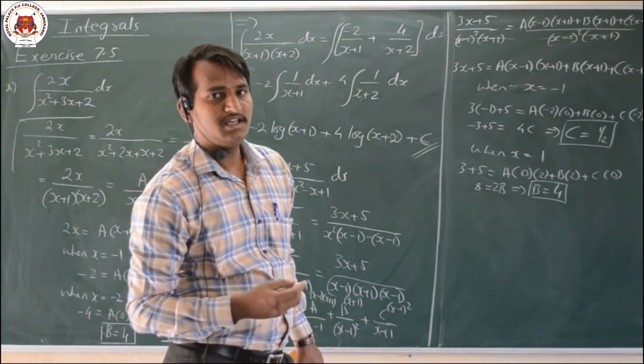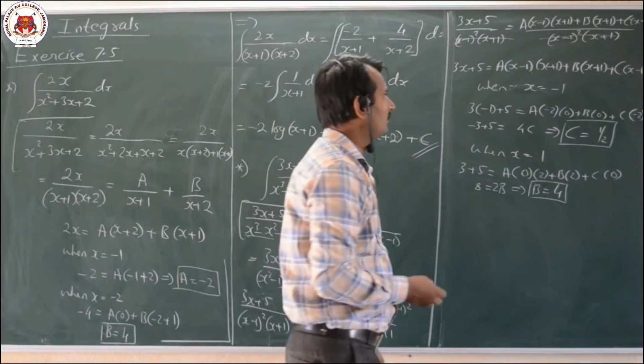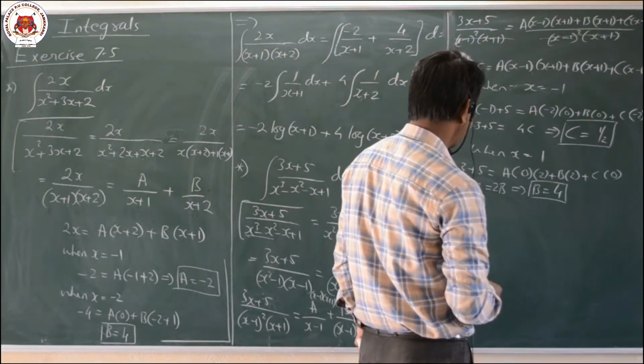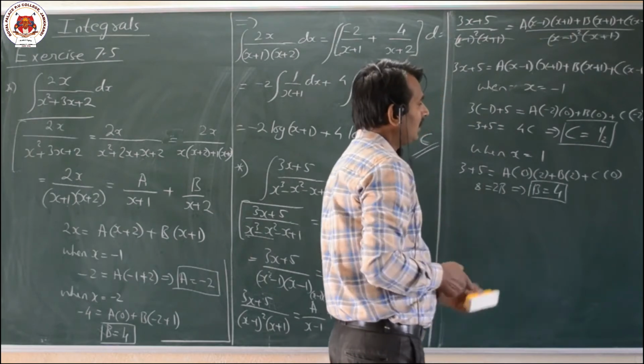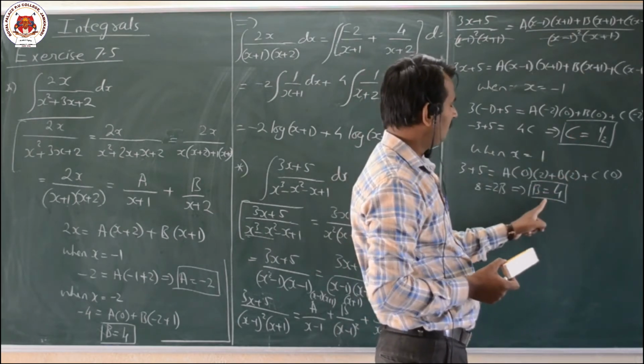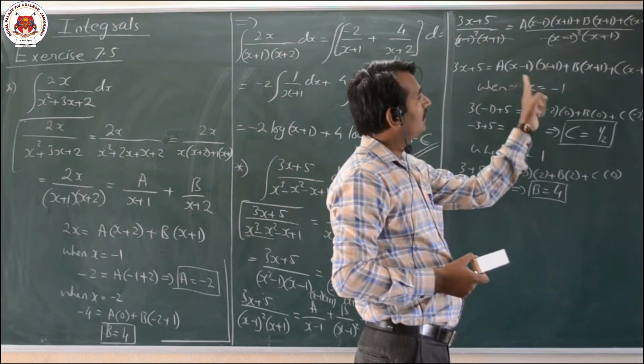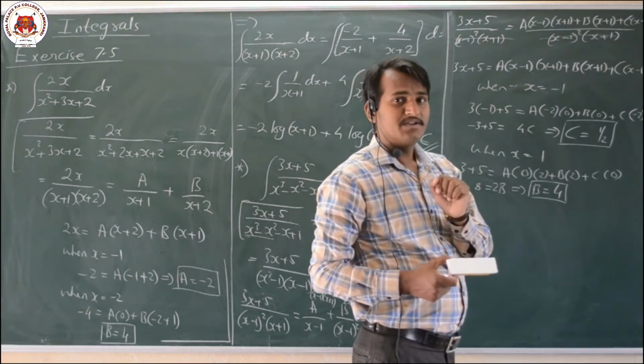Now we have to solve for the next part. I got the value for b and the value for c. Now I require the value for a. How to find that a value? Let us observe.